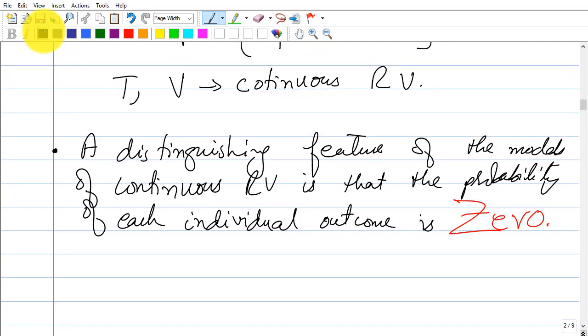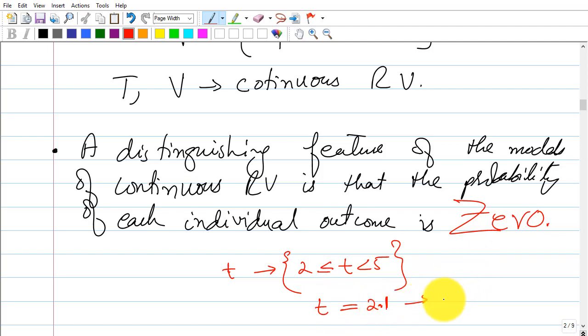So what does it mean? It simply means that for a continuous random variable, we cannot find the probability at an exact point, just like we have done for the discrete random variables. So if we define the range of time, say t is less than 5, greater than or equal to 2, and we ask what is the probability of 2.1, we cannot find any value here.